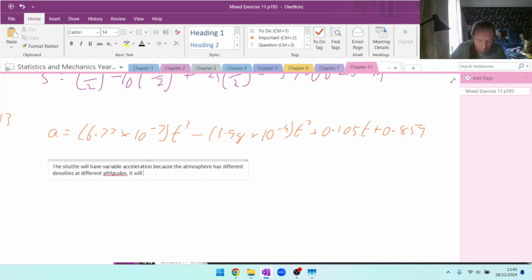It will also have different mass as the rocket fuel is burnt.